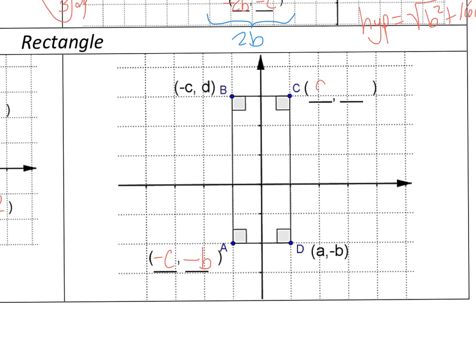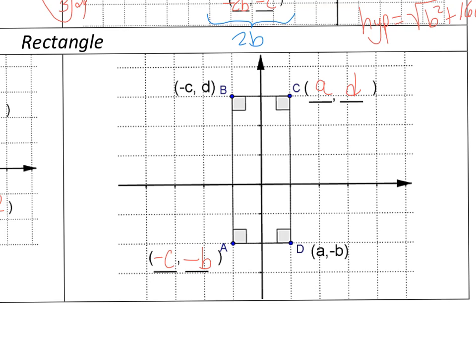So C is located at A. And this was really bad of me to use the same name of a vertex as a variable. I should not have done that. And then from a Y perspective, vertex C and B are located at the same, so that would be D.